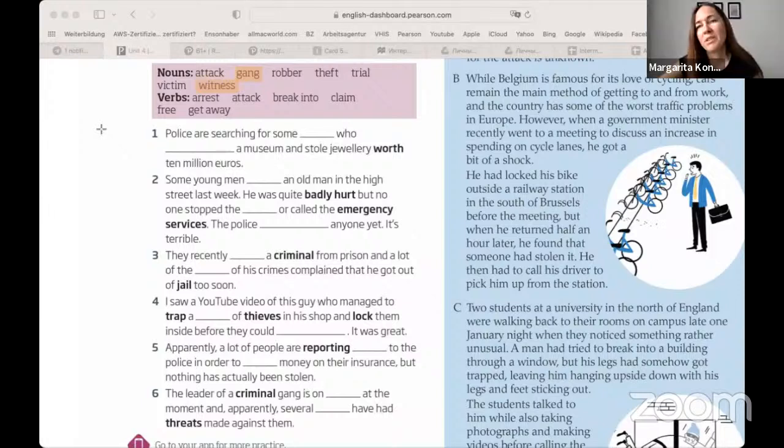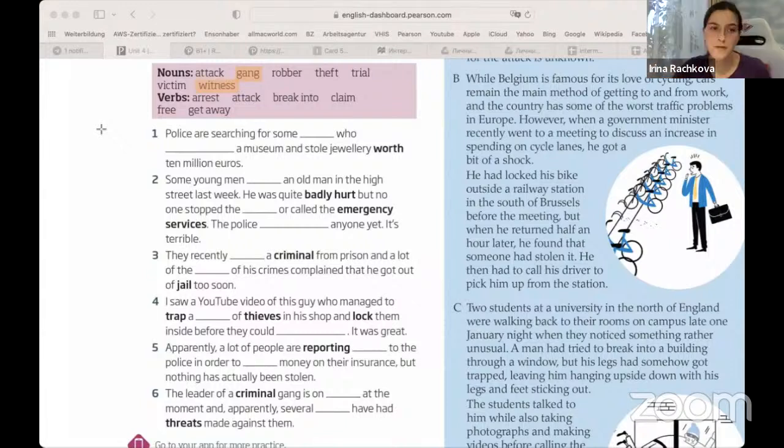Проникнуть, вломиться, whatever. Claim — это карабкаться. No, because you think it's about climb. But claim is a different one. Claim can be like заявлять, утверждать, требовать. Вот это все claim.